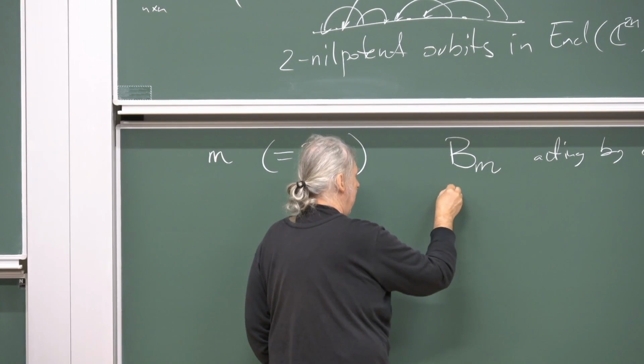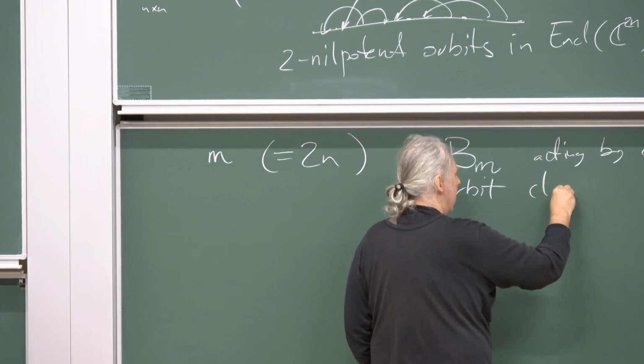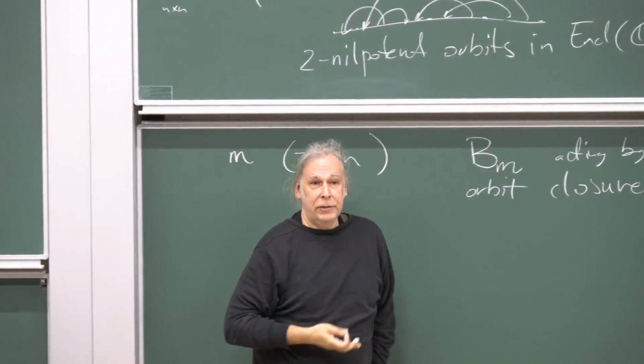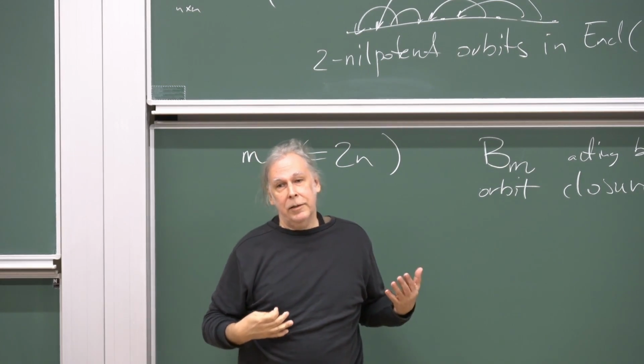So you have orbits, orbit closures. So these are my objects. In general, they are singular manifolds, and I want to compute the characteristic classes.